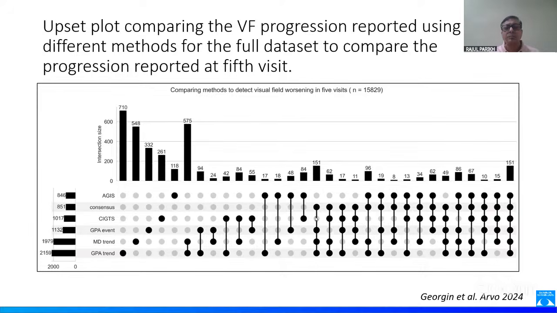You can see that they don't agree with each other most of the time. So a lot of these places are where you're seeing only one or two different algorithms agree with each other. That's why I'm going to talk about each algorithm separately to see whether they actually agree with each other when it comes to risk factors at least.